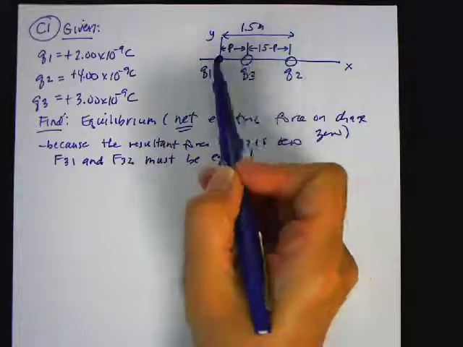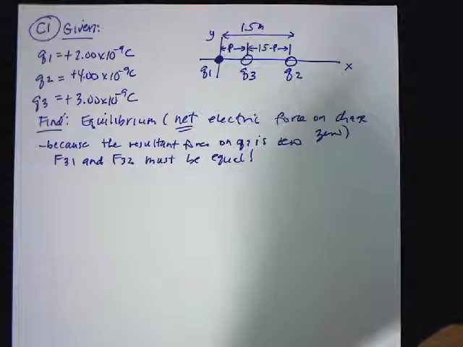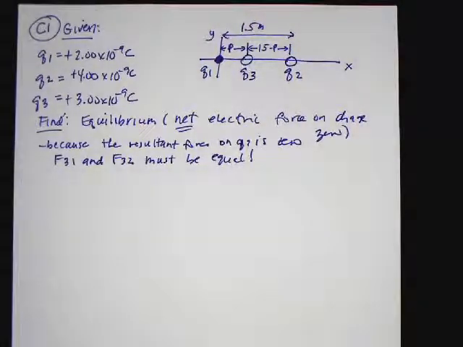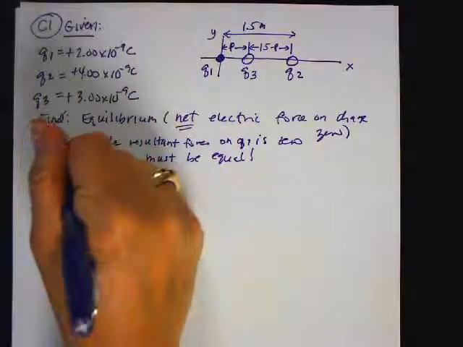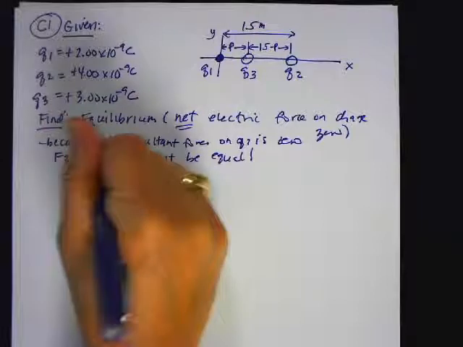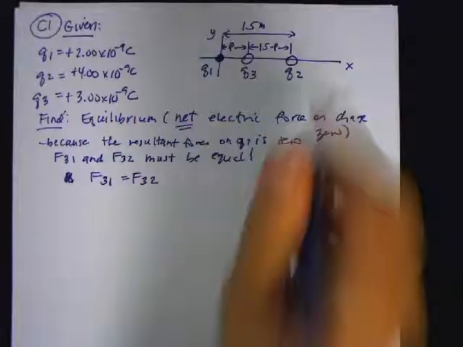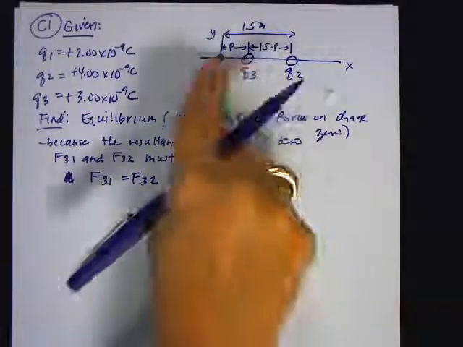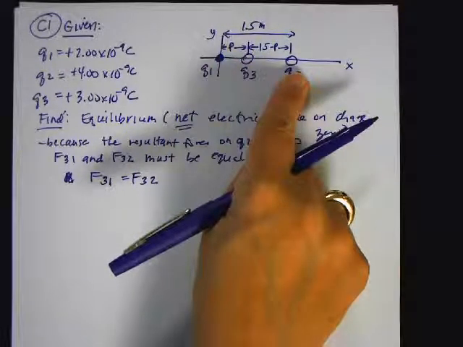So F31 and F32 have to be equal. So what does that mean in math terms? In math terms, that means that F31 has to be equal to F32. So that means that this force is going to be equal to that force. And then it will be in equilibrium.